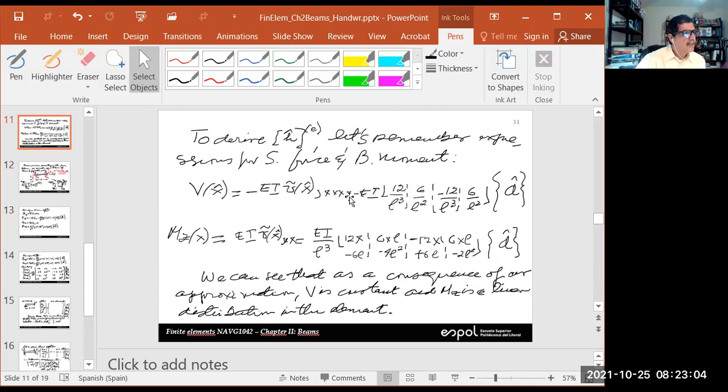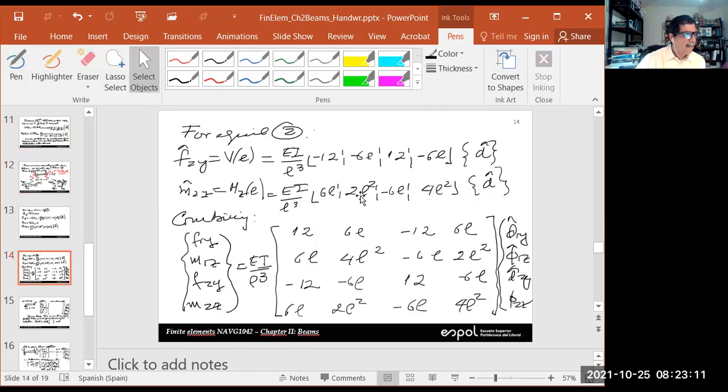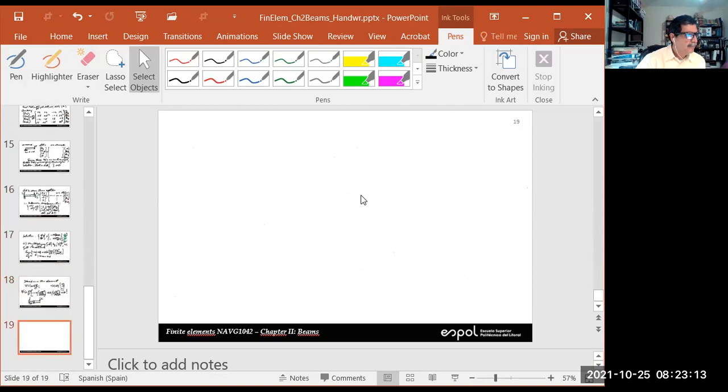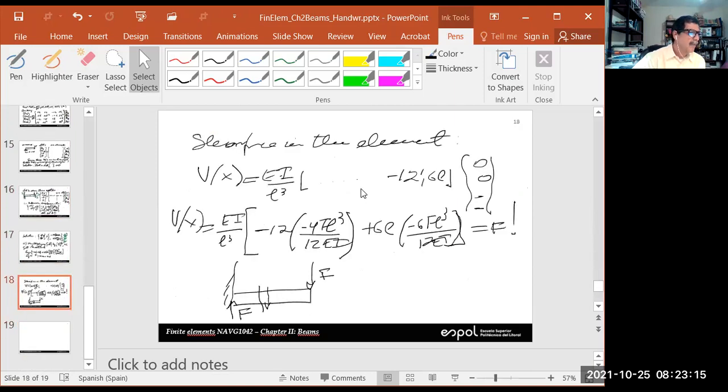Oh, this negative is missing. I'm missing this negative here. So the shear force is equal to minus F, and this is correct.